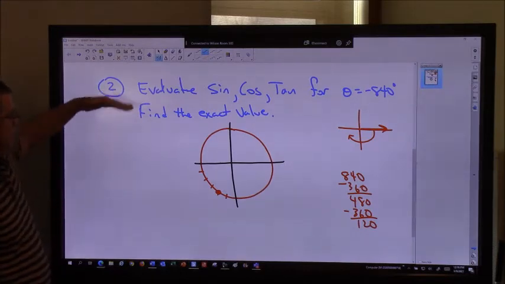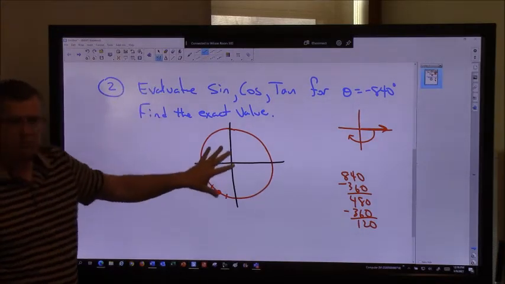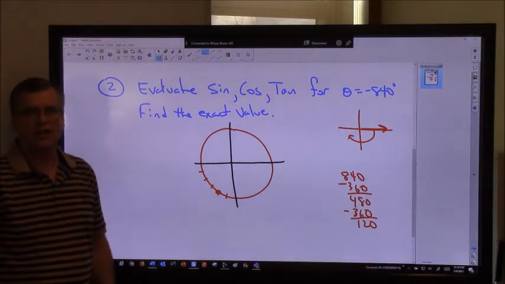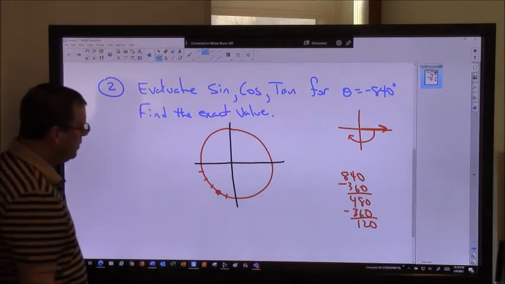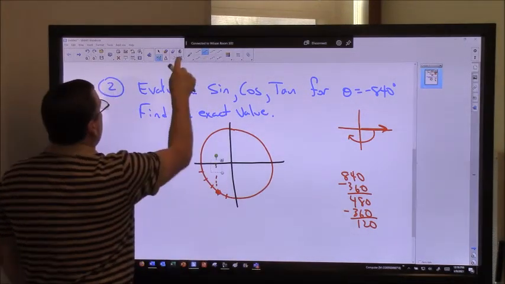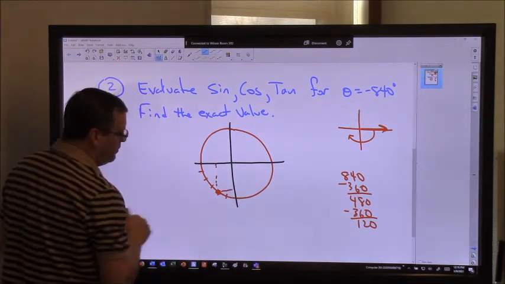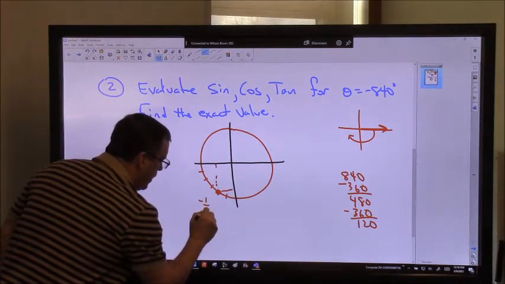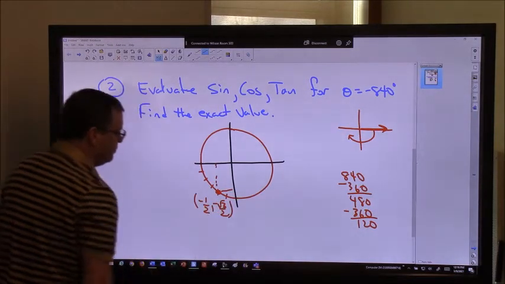The fact that in the directions they're going to say without using a calculator tells me we want to use the unit circle. Okay? Every time I see those words, I'm just assuming unit circle. All right, so my x-coordinate, that looks like the halfway point. This over here does not. So I'm going to have a negative 1/2 comma negative root 3 over 2.